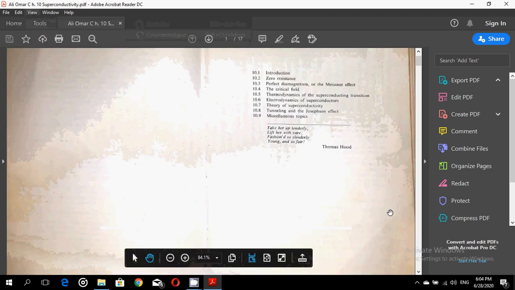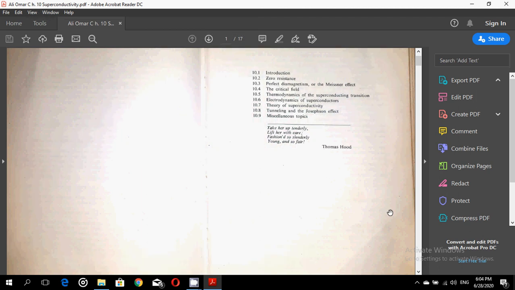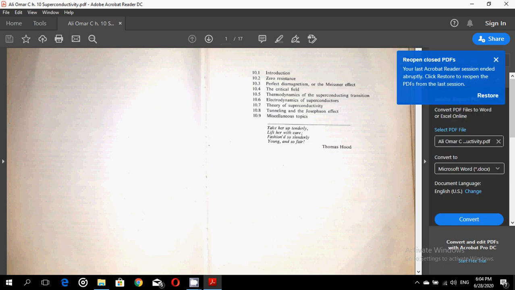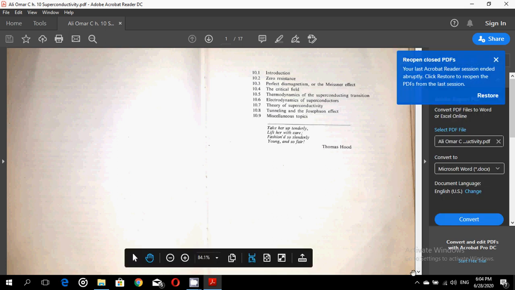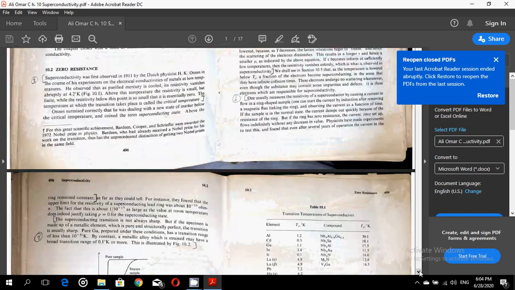Okay, this is page number 516 from the book by Ali Umar. Let me bring this page before you. Page 516.